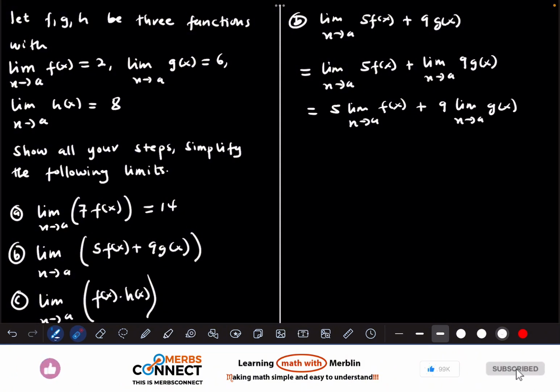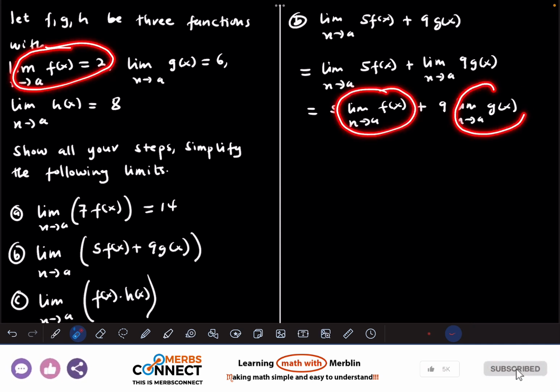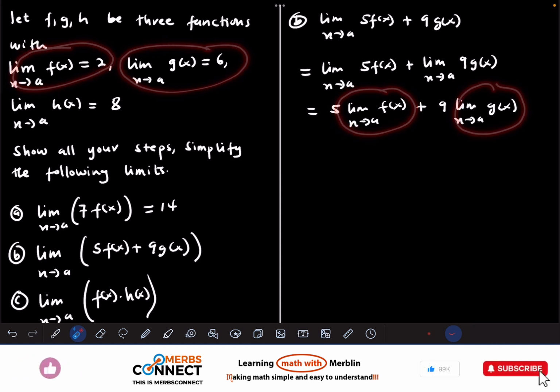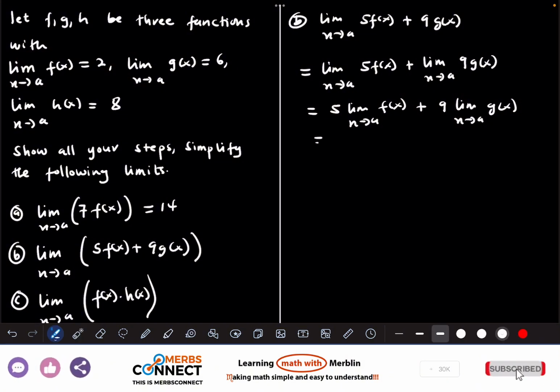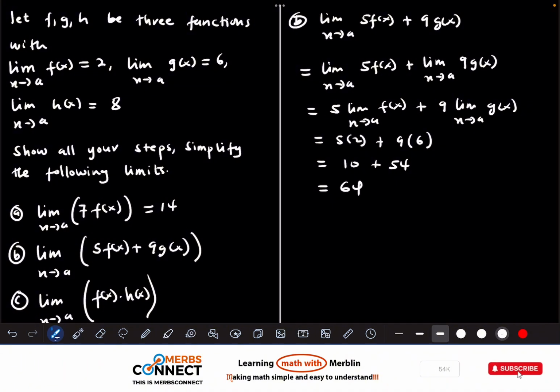Now this is given here, which is equal to 2, and this is also given here, which is equal to 6. So we are going to have 5 times 2 plus 9 times 6. So 5 times 2 is 10, 9 times 6 is 54, and we are going to have 64 for the b. So the b is going to give us 64.